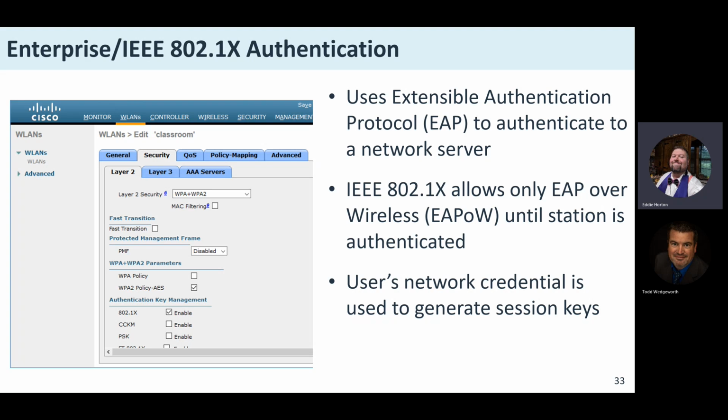If you're going to do this from an enterprise, you're probably going to have them connect to your Active Directory server. You're not going to set up a separate set of usernames and passwords. So you set a RADIUS server up, you connect it to Active Directory like we did here, and then everybody logs into the network with their username and password. And it uses that network credential to generate the keys.